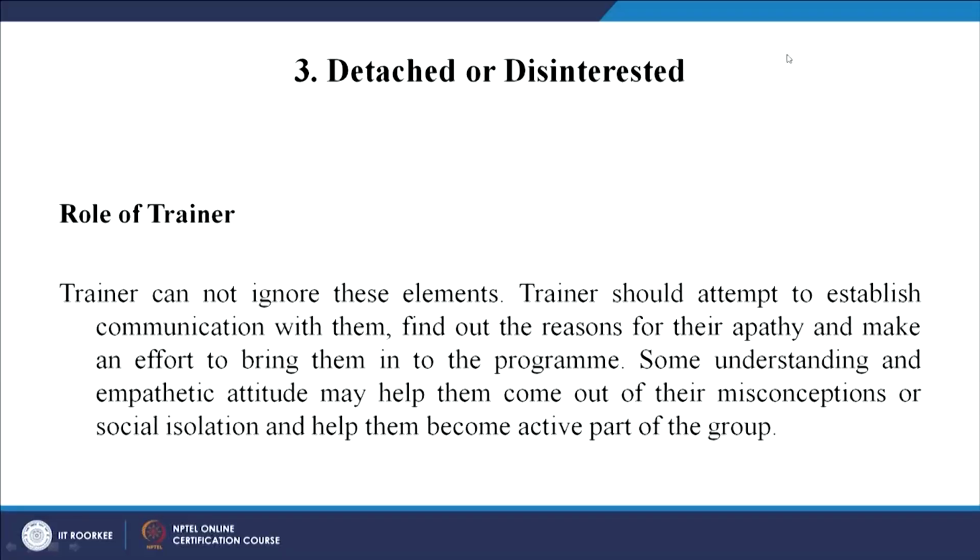Also avoid social isolation, because he is disinterested, coming, sitting and going. Get him involved with the rest of the trainees and help them become an active part of the group, brought into the mainstream group, so that they are able to talk about whatever discussion is going on.